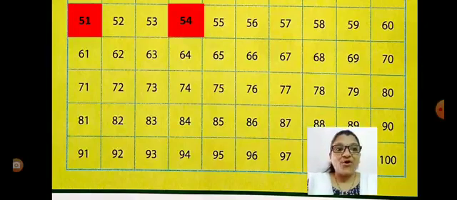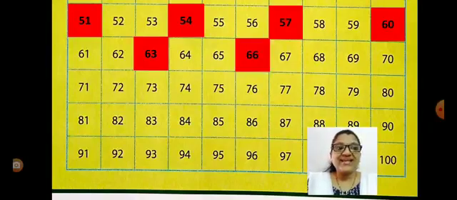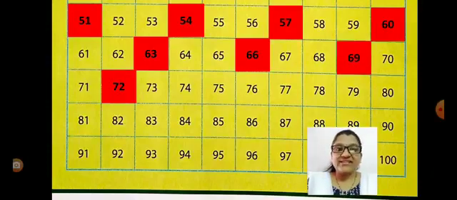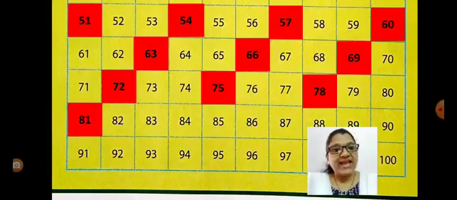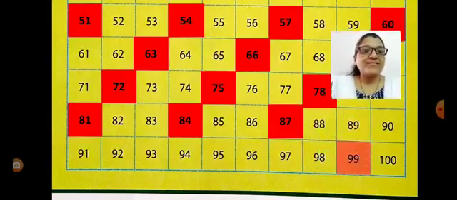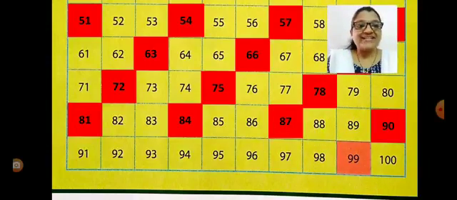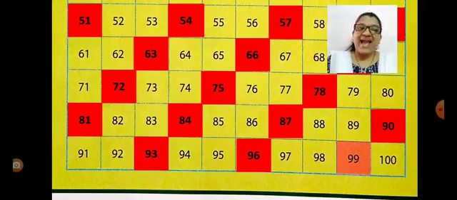Then 54, 57, 60, 63, 66, 69, 72, 75, 78, 81, 84, 87, 90, 93, 96 and 99 is the last number which is already colored red.